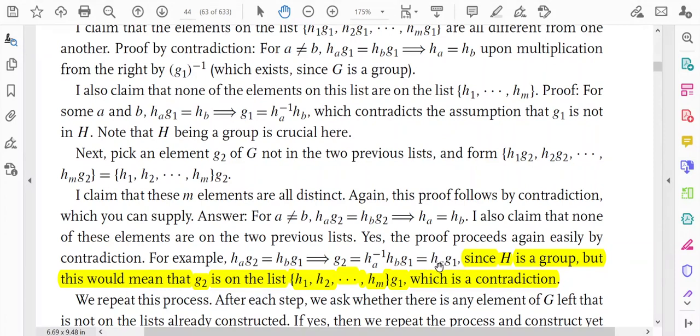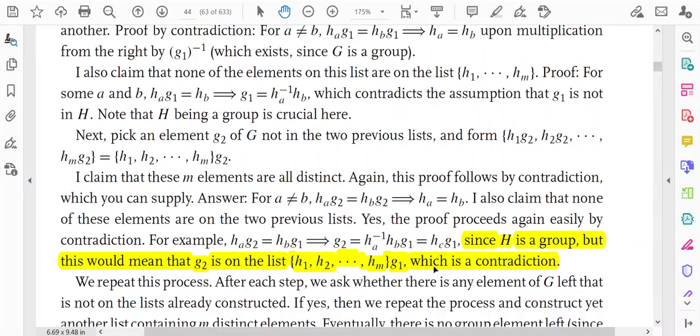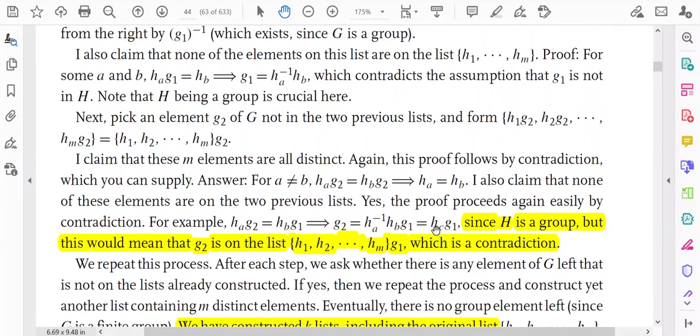Now hc is an element of the group capital H. So hc g1, since capital H is a group, would mean that g2 is on the list h1, h2 up to hm times g1, because you see the structure. hc is an element of the group capital H, and this has been multiplied by g1.